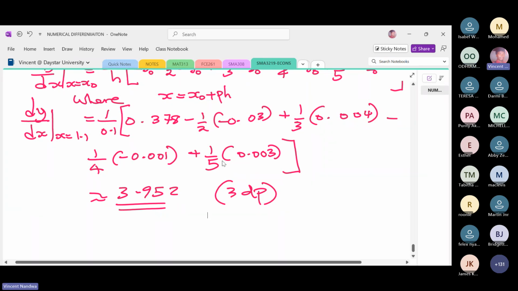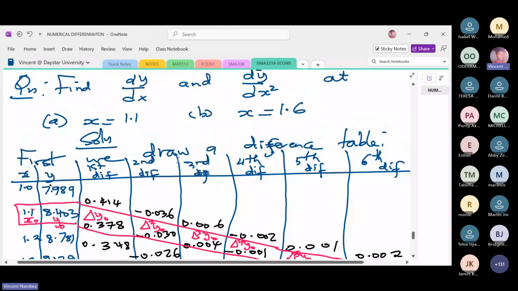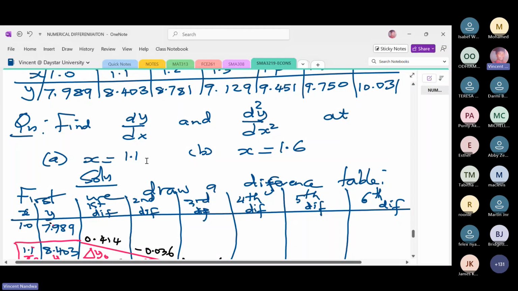Then there were two things for us: to find dy/dx at 1.1 and also to find the second derivative at the same point.